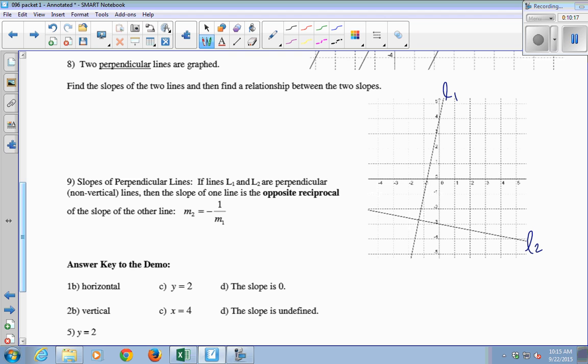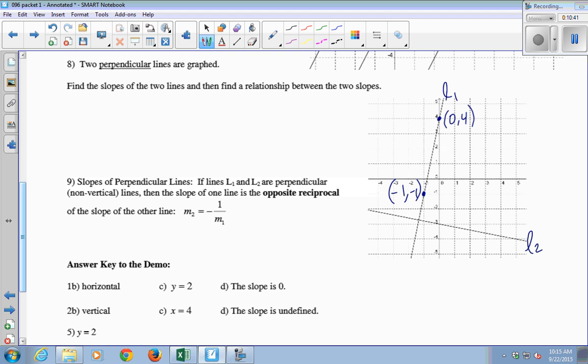So let's work on line 1. I have to pick nice points on line 1. I've got (0, 4). And maybe right there looks like (-1, -1). Is it clearer on your graph? (-1, -1), great.